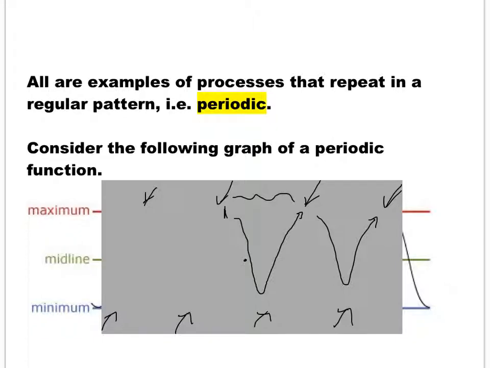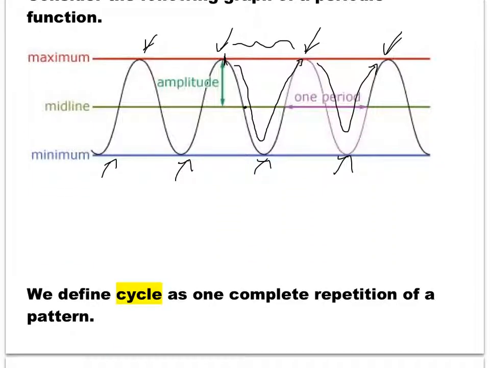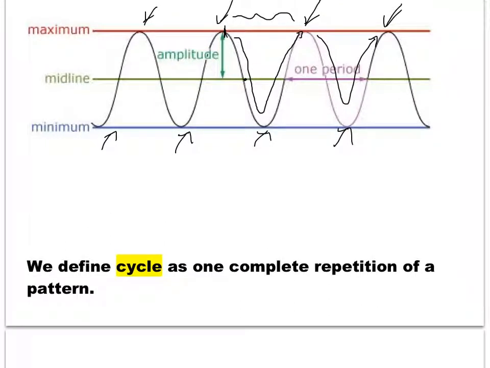Okay, now let's go through a couple of definitions. We define a cycle as one complete repetition of a pattern. So in a previous example, I said if you start from this point and you end up here, this is called one cycle. Because after this one, the cycle repeats itself. And this is the pattern that you need.